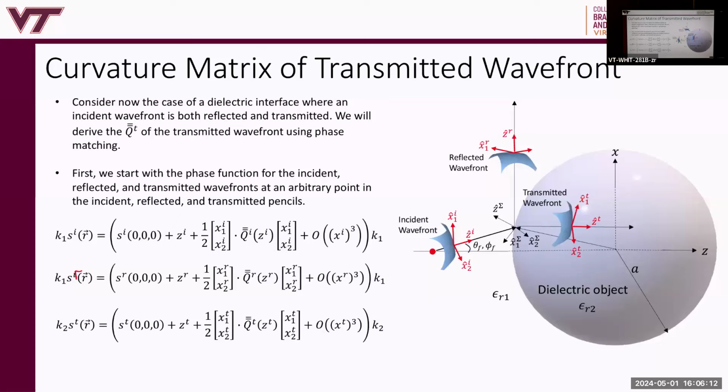For the reflected wavefront, the reflected pencil. And also now we have the transmitted phase function. So the transmitted phase function has K2 instead of K1, and it is given by the transmitted wavefront at the point of transmission, the z distance along the axial ray for the transmitted wavefront, and the second order quadratic approximation of the wavefront for the transmitted pencil, right?